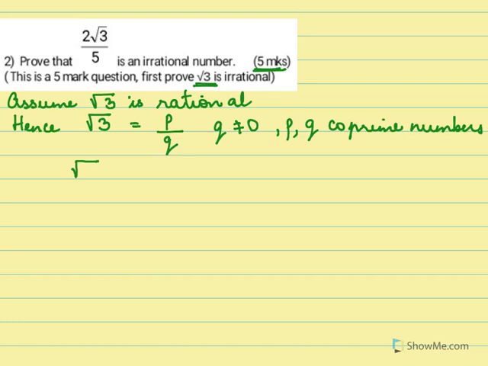When we cross multiply, we get root 3 Q equal to P. So on squaring, we square on both the sides.